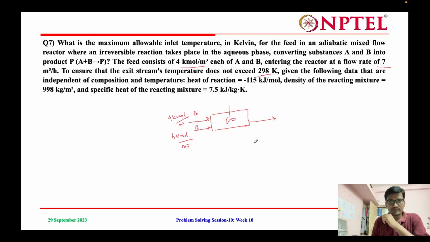You have to calculate temperature Ti, and the outlet temperature T is 298. The reaction given is A plus B gives B.